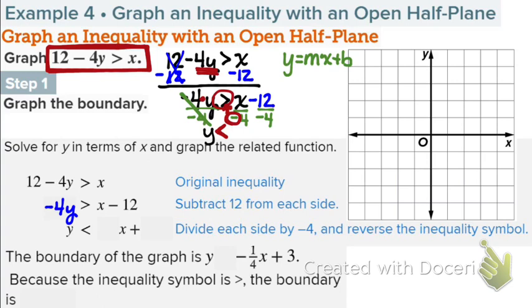What is the invisible number next to the x? 1. I have a 1x right here. And down on the bottom I have a negative 4, right? If I divide those, I have negative 1 over 4, and then I put the x next to it. So negative 1 over 4.